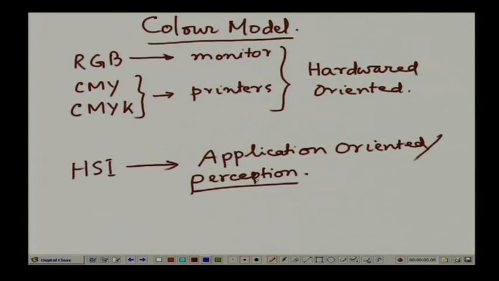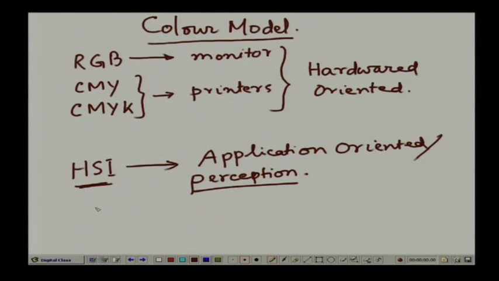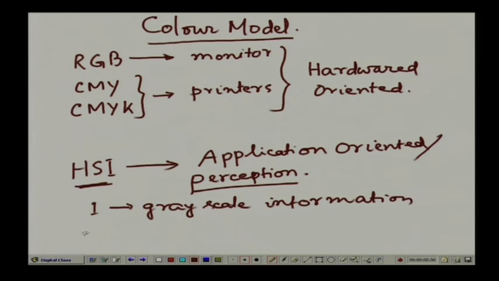And we have also discussed that this HSI color model actually decouples the color from the grayscale information. So, we have said that this I part gives you the grayscale information, whereas hue and saturation taken together give you the chromatic information.